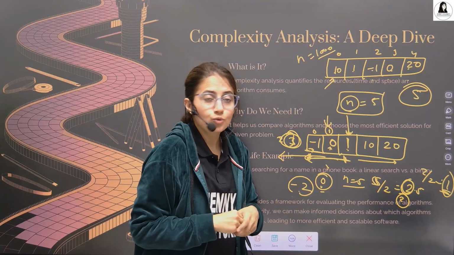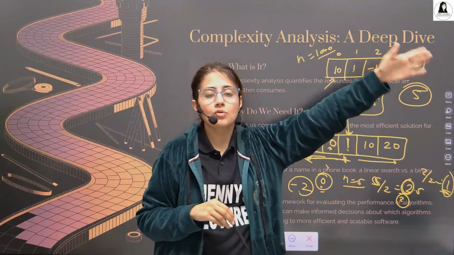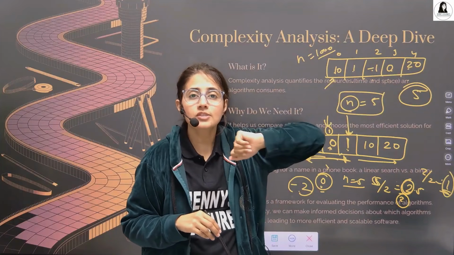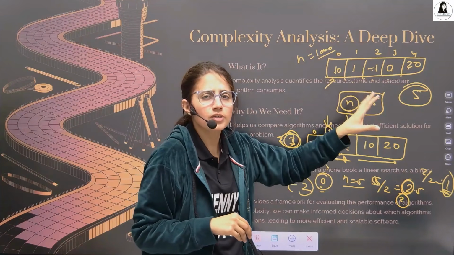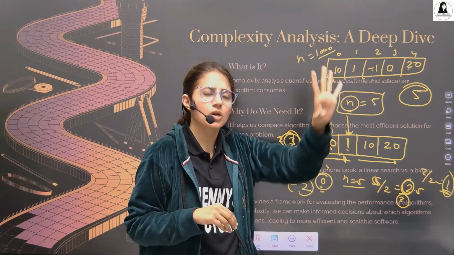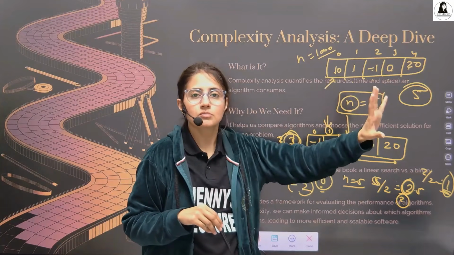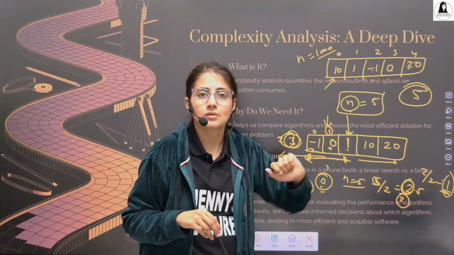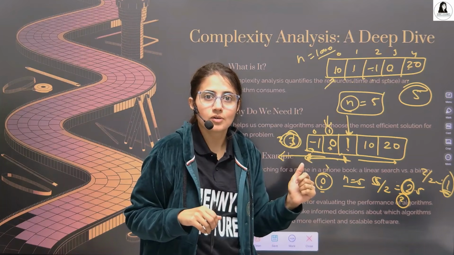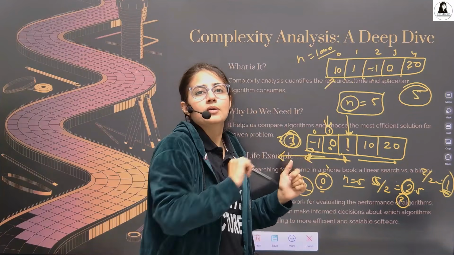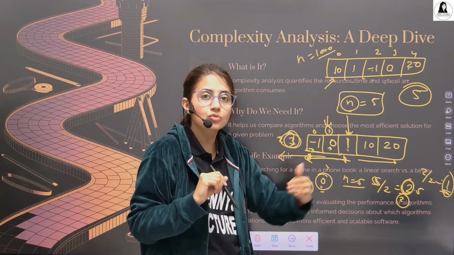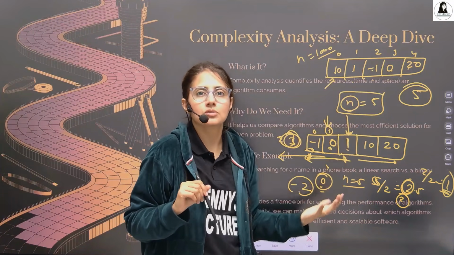In the worst case, suppose the element is present at the end of the array, the 999th element. You have to compare with every element, right? So there are 1,000 comparisons, 1,000 operations.